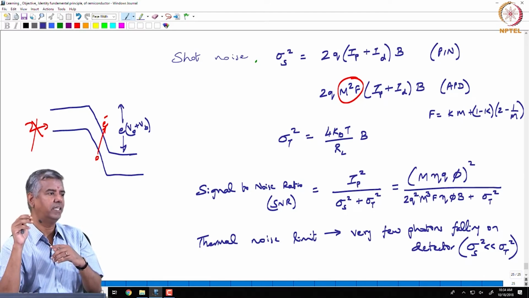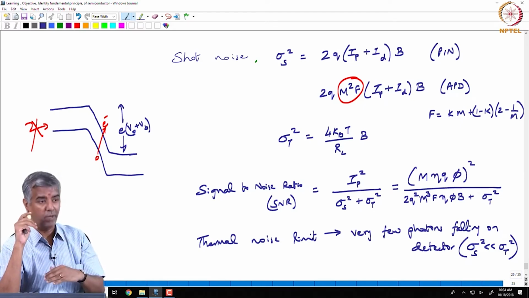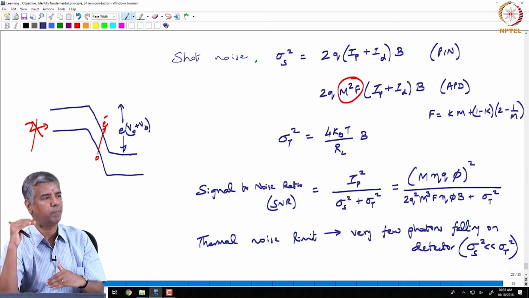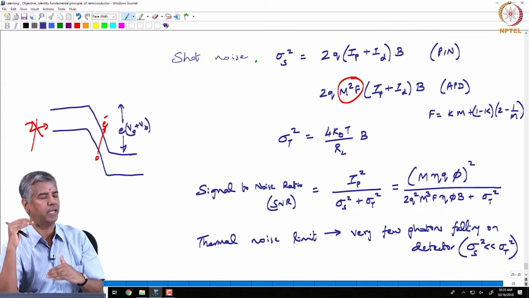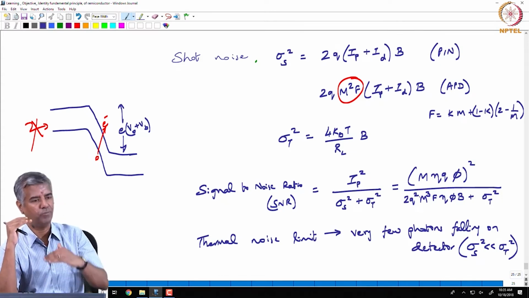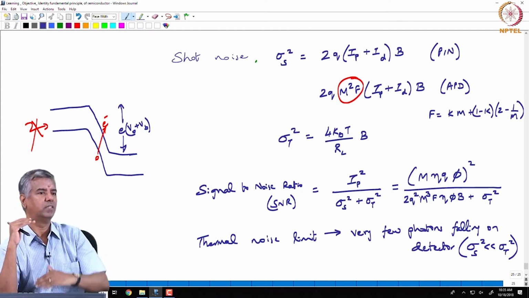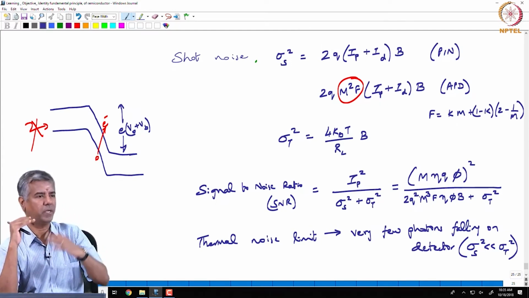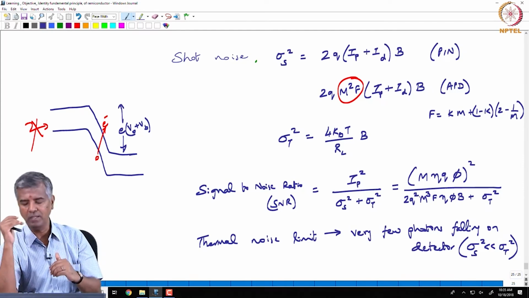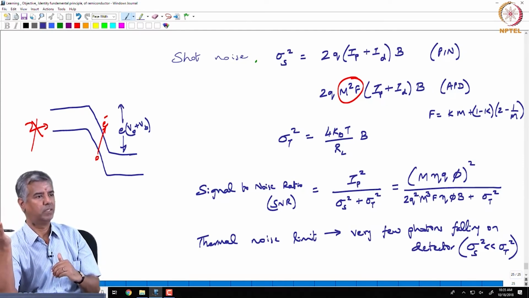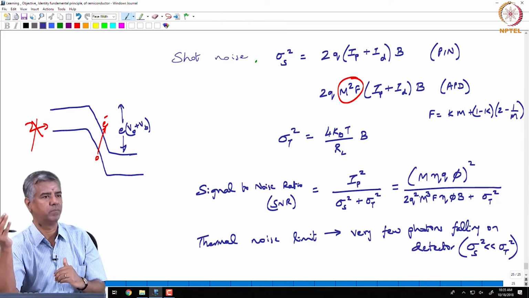Do you understand that? When you have very few photons falling on the detector, so that your shot noise is very small compared to the thermal noise, in that sort of a scenario, you can afford to increase your shot noise by going to a multiplicative gain, which actually boosts up the numerator by quite a bit, by that square factor M square, right.